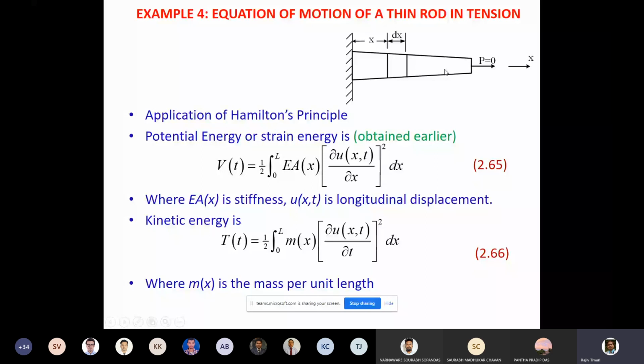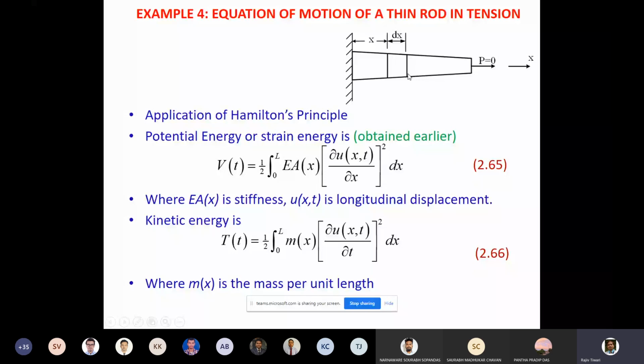Not only the equation of motion, but also the boundary conditions come out of this Hamilton formulation. So there is no need to think about the boundary conditions separately. It comes out from the formulation, and it is especially helpful when dealing with more complex systems like the bending beam case. This is for the axial rod case.